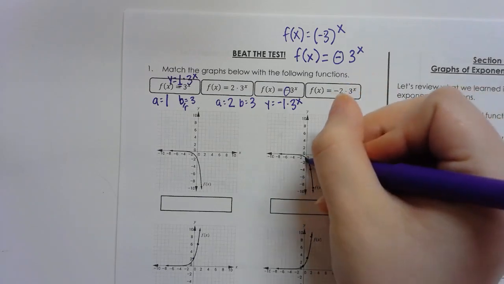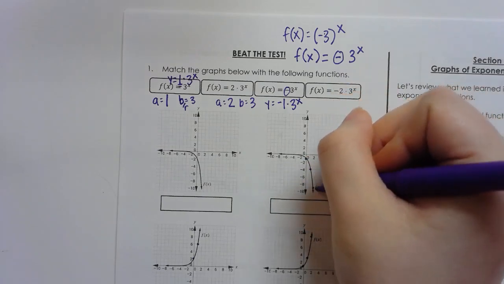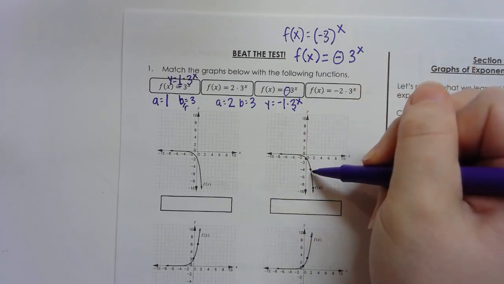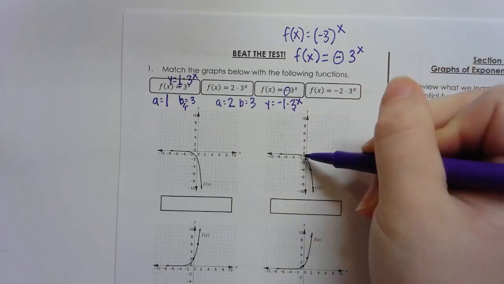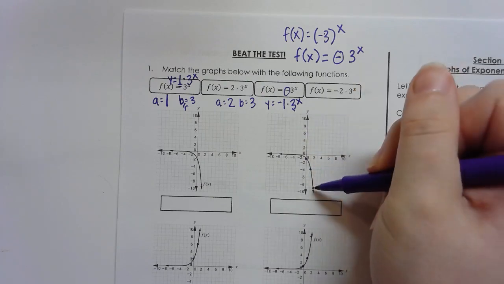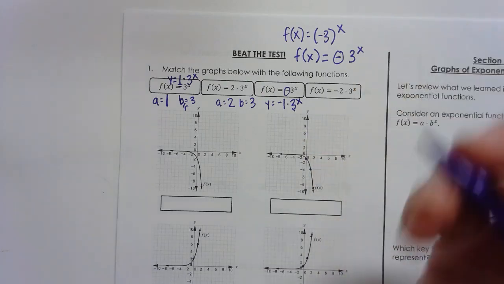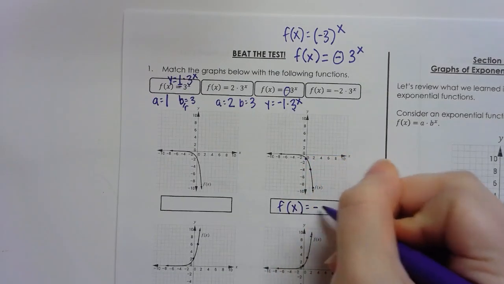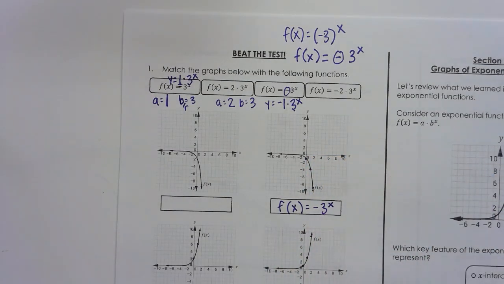I'm not trying to go over 1 and up 3 and over 1 and up 3. I'm trying to multiply the 3 times my y-coordinate from before. So my y-coordinate was -1, so then I multiply it by 3 and I get -3. My y-coordinate was -3, I multiply it by 3 and I get -9. Okay, so this one is f of x equals -1 times 3 to the x.